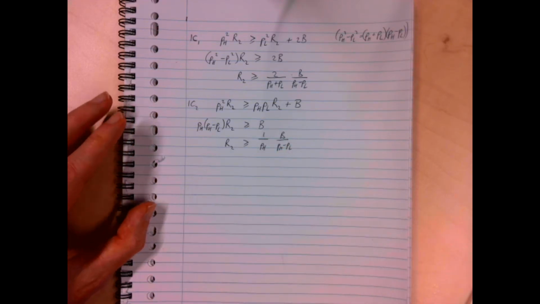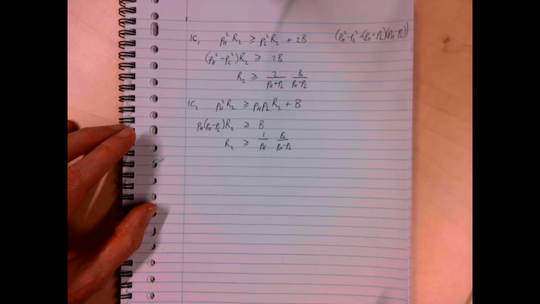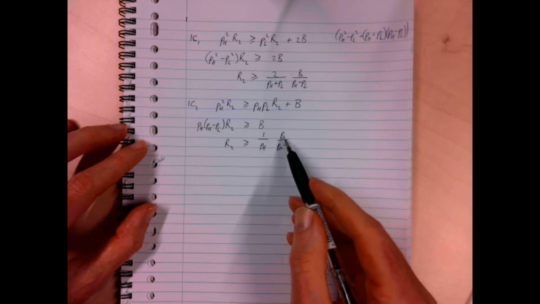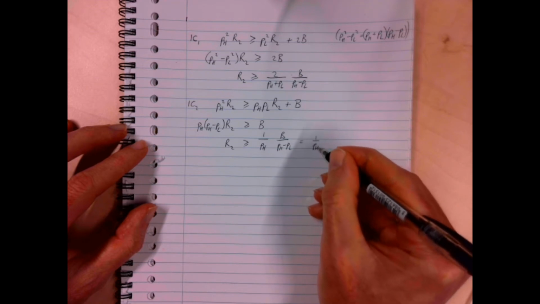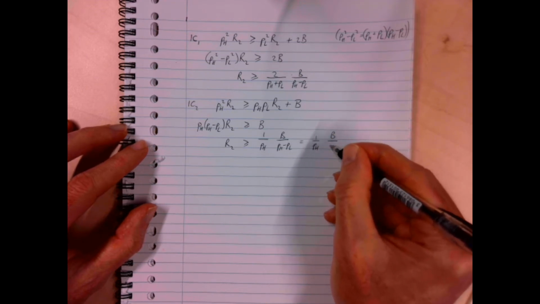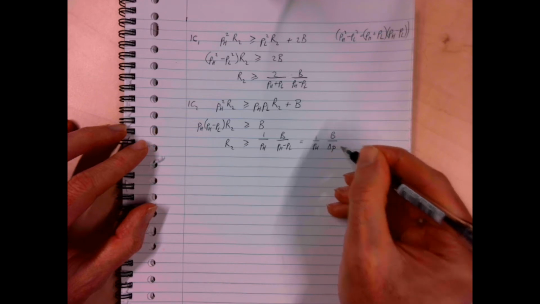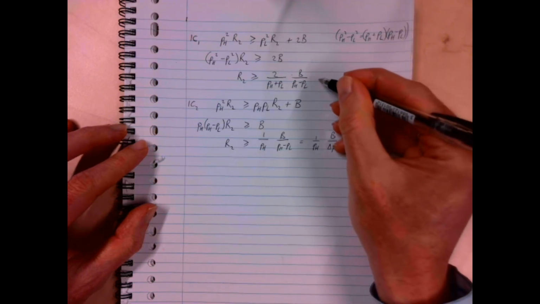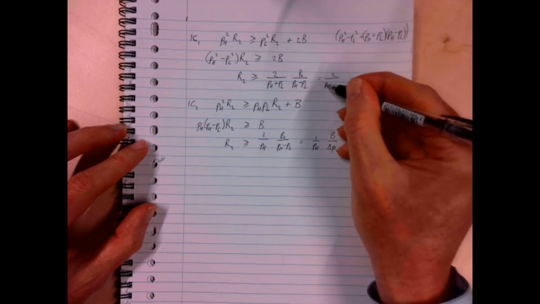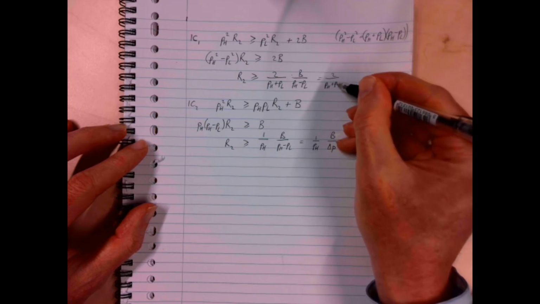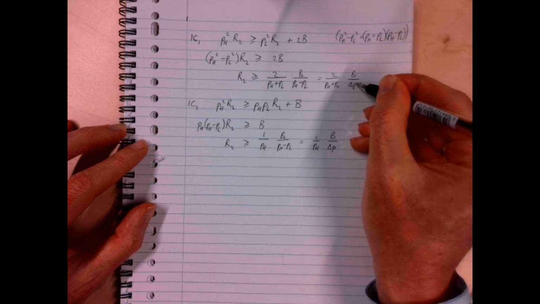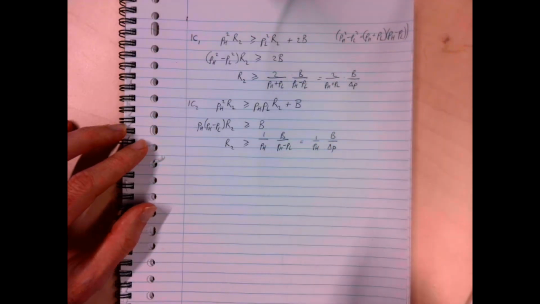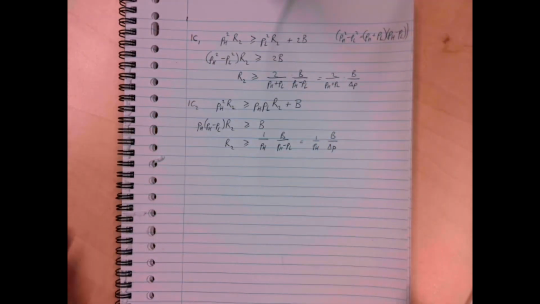Okay, so we have two conditions, and in our previous notation this is 1 over PH times B over delta P. The same here, this is 2 over PH plus PL times B over delta P. Delta P was this difference between the two probabilities, PH minus PL.